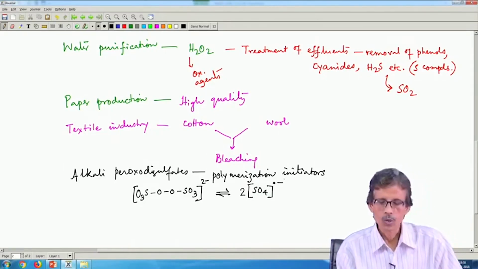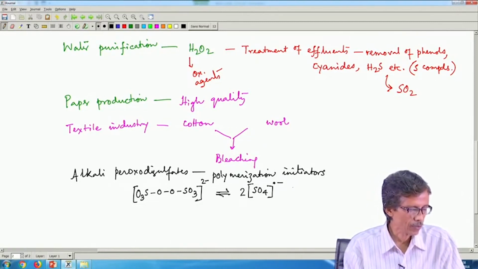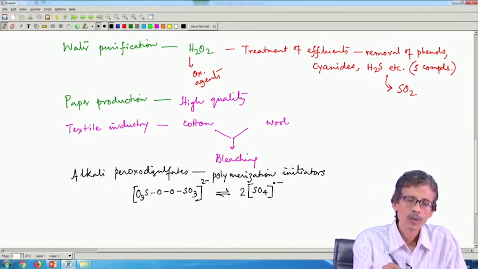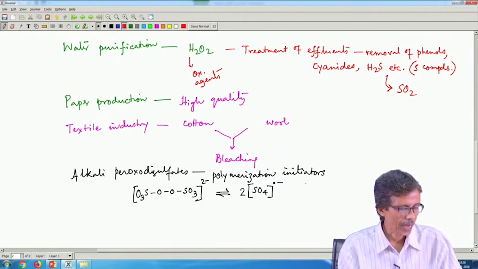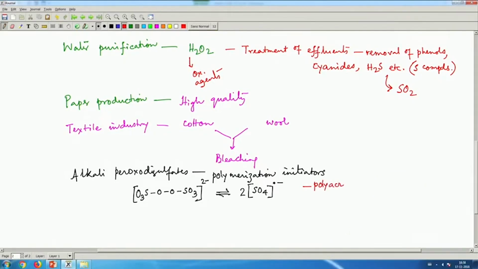So, this can be useful as a polymerization initiator for the production of polyacrylonitrile.